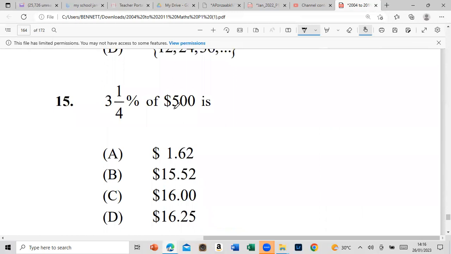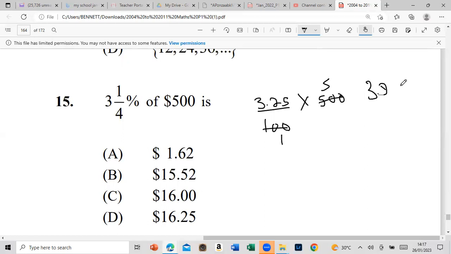3/4 of 500 is percent rather. So it's 3/4. I'm going to use a decimal over 100%. Right. Percent means out of 100. So boom. This into this 1, this into this 5. So 5 times this should give us what? 16.25. Let us do it, just in case there's any error, as persons might not be sure what is going on.